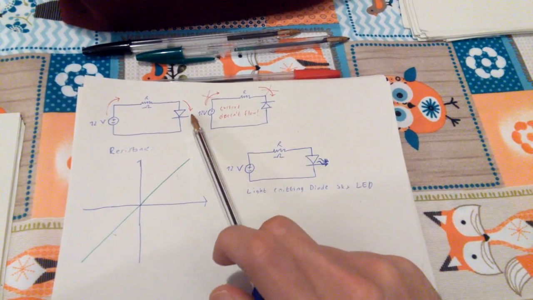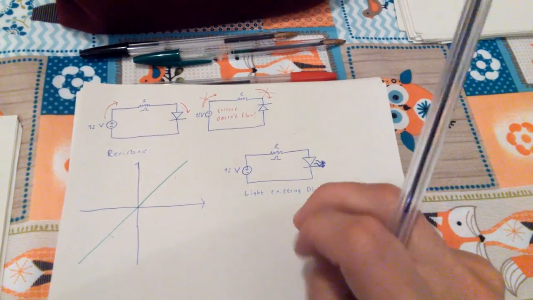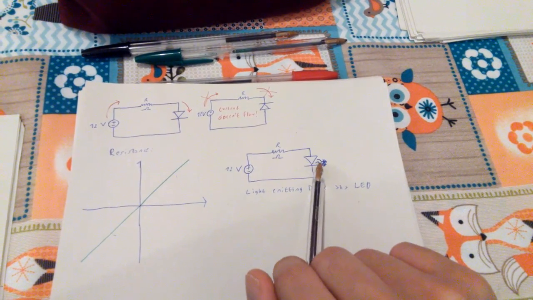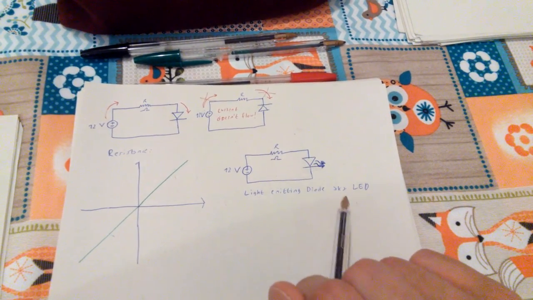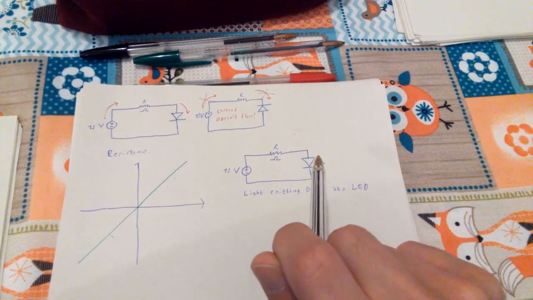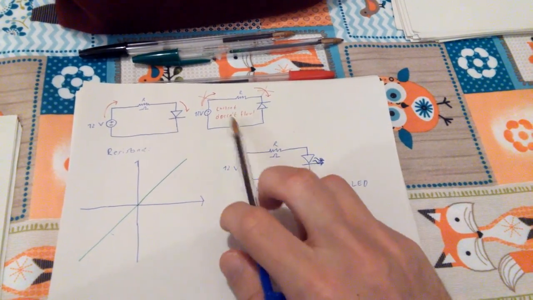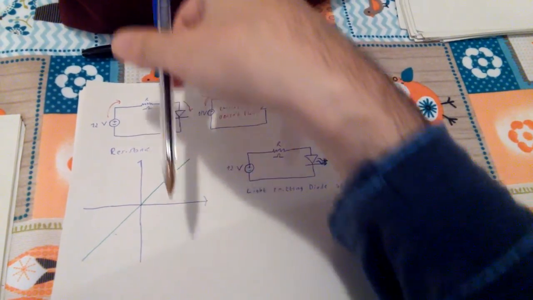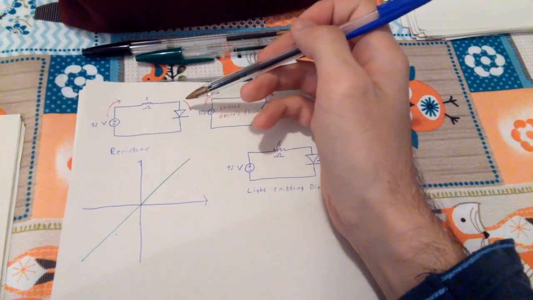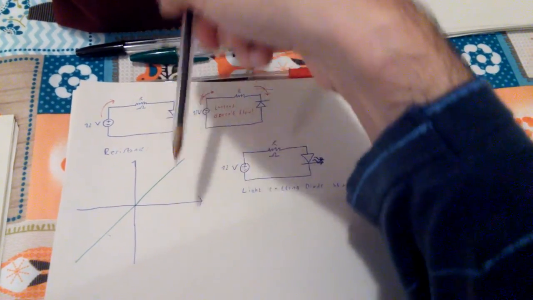So diodes can either let the current go through or stop it. And if you see diodes drawn this way, it means they're light emitting diodes, LEDs. If the arrow is pointing this way, it's letting the current go through in the direction it's pointing.